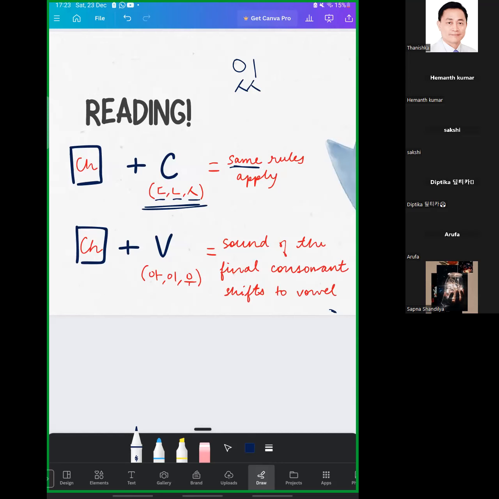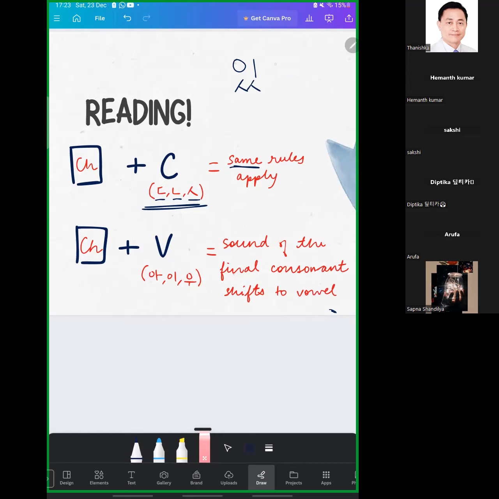Ma'am, it. Very good. Now, how would you read this? Ita. Very good. So this is an example of when the final consonant is followed by another consonant.